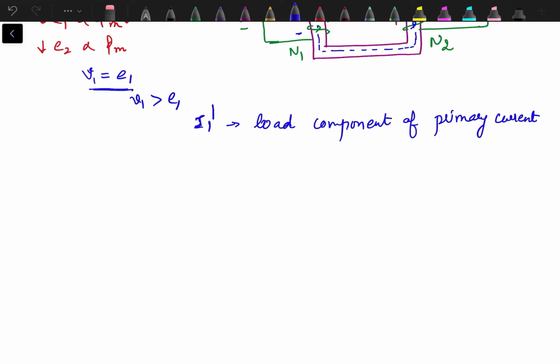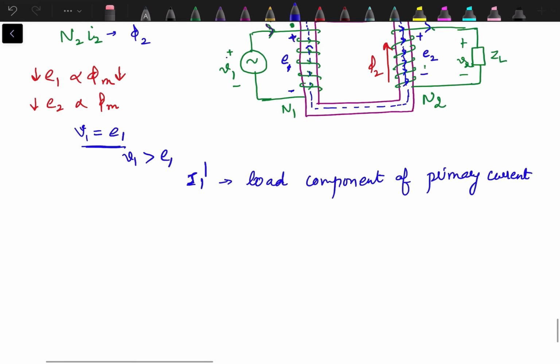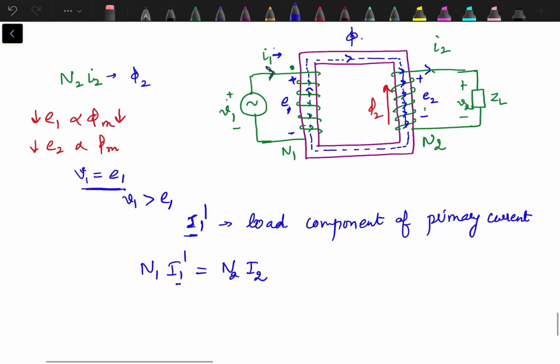Now this can be represented in the phasor diagram. And what is the value of this I1 dash? This one is actually dependent upon I2, or rather I1 dash must produce MMF on the primary side, and hence an additional amount of flux, to cancel out the effect of this phi 2. So the MMF on the secondary side is N2 I2.